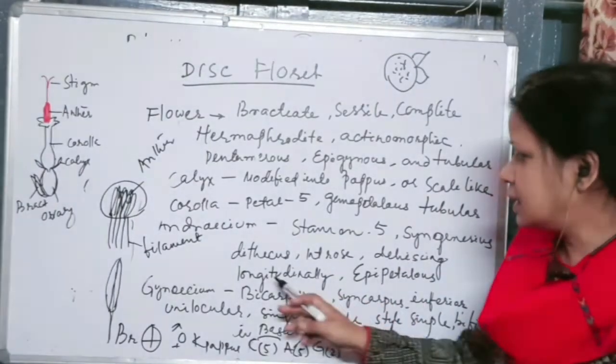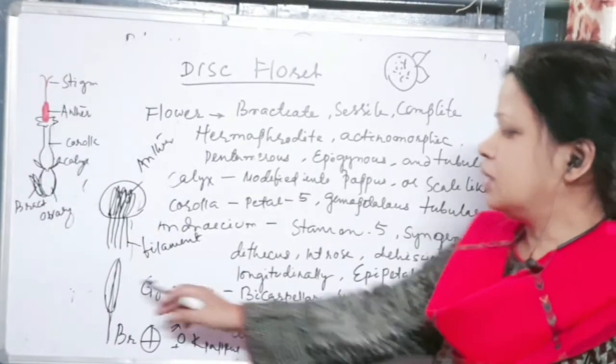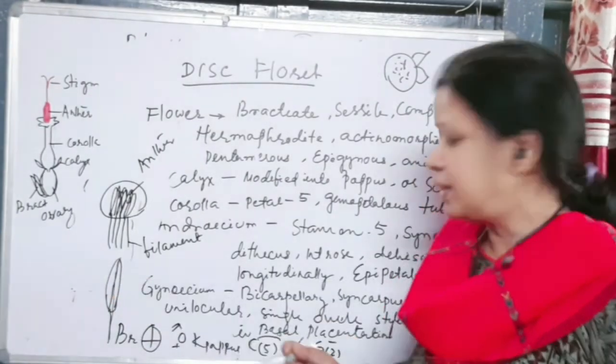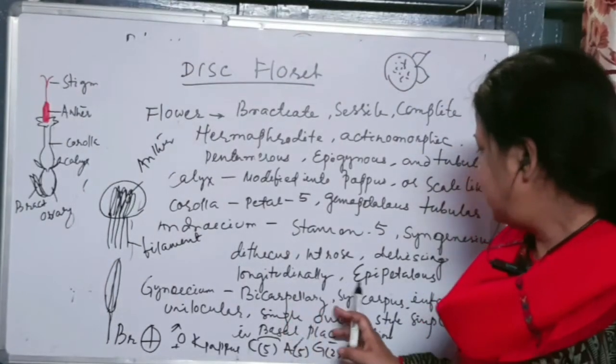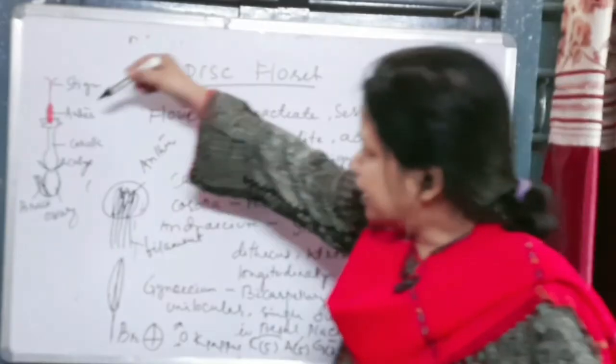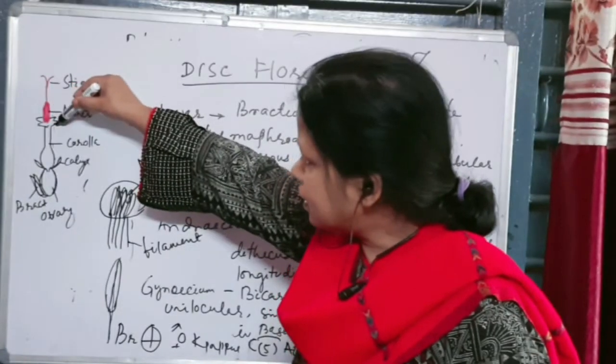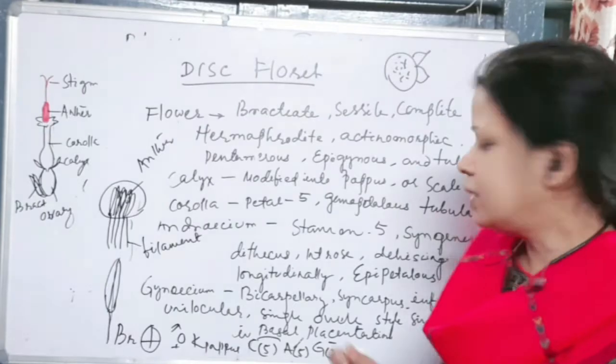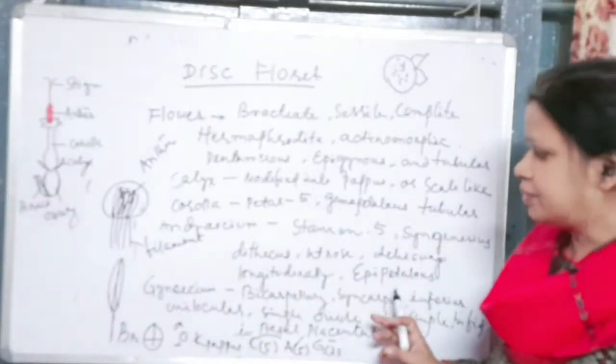Then dehiscing longitudinally. When the anther splits or dehisces, it splits longitudinally. Epipetalous. Epipetalous means the stamen is attached to the corolla tube. That is called epipetalous condition.